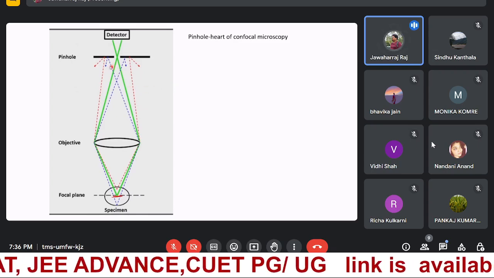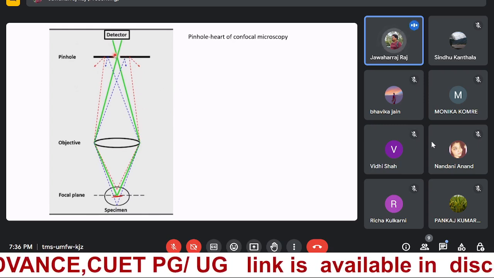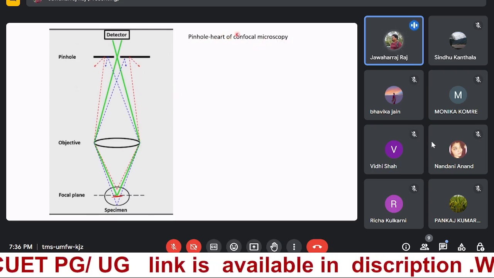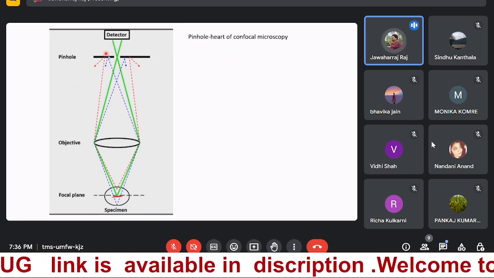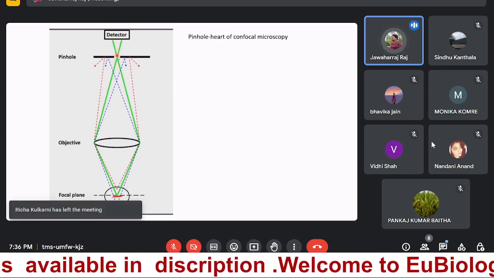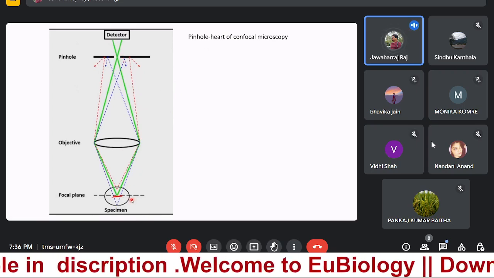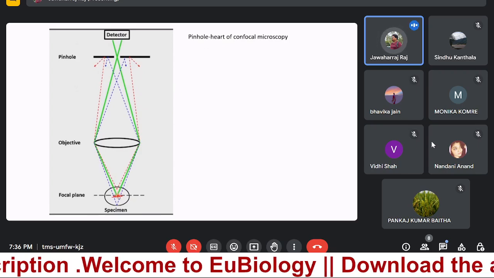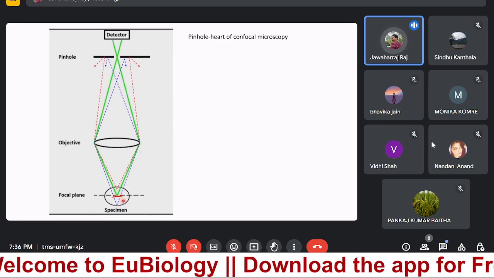Now, coming here, what is happening? As I've already said, there are two sets of pinhole apertures. This pinhole aperture is the heart of confocal microscopy. It is very important. How it is important, you will see here now. Whenever light is passing through this pinhole, there is a green light, red light, and blue light also.